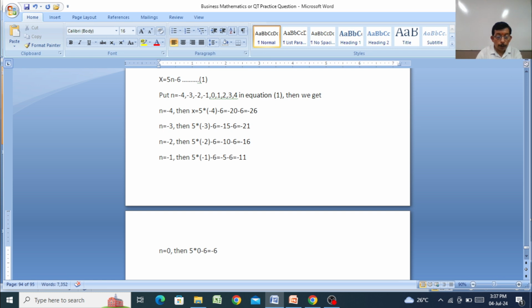Now n is equal to 1, then 5 into 1 minus 6 is equal to 5 minus 6 is equal to minus 1.